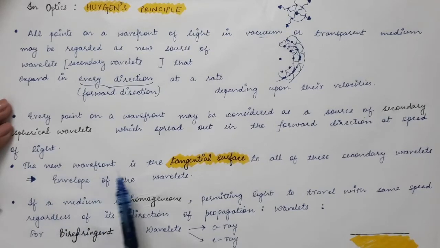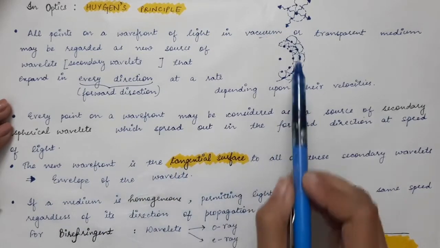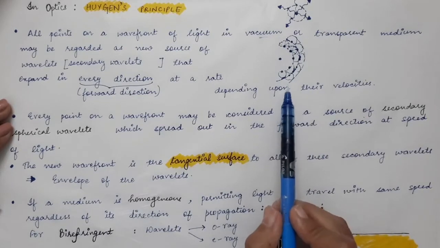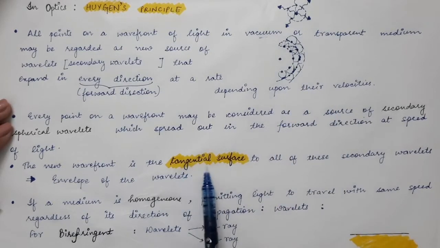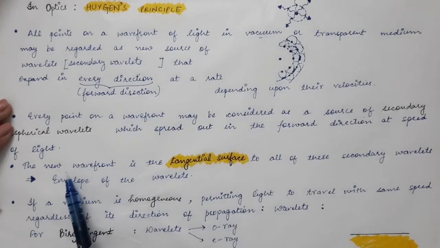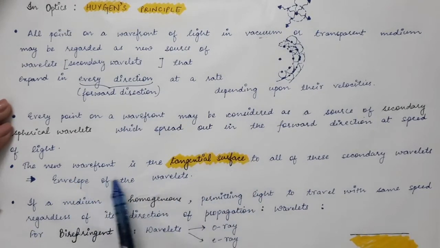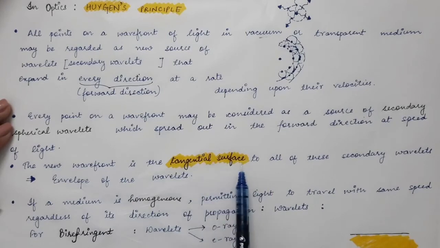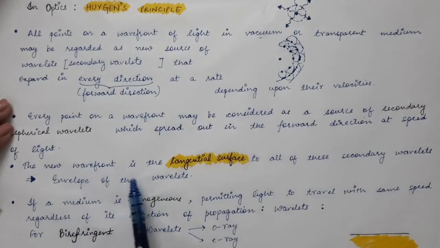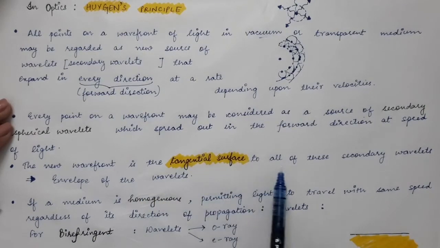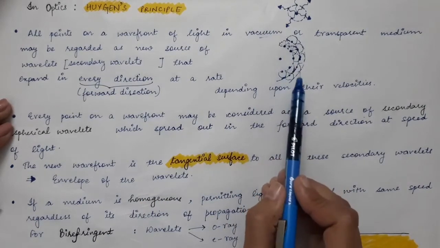Now the new wavefront is the tangential surface. So we will draw a tangent and then we will join all these tangents. So we will get a new surface, and that is called the tangential surface, and that is the new wavefront. So the new wavefront is the tangential surface to all of these secondary wavelets.